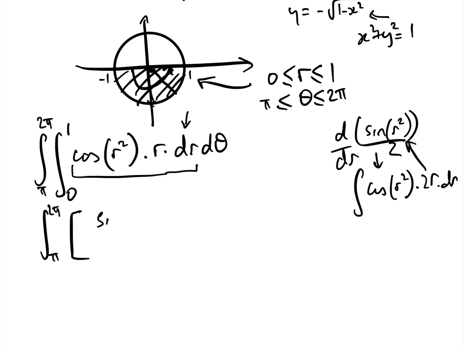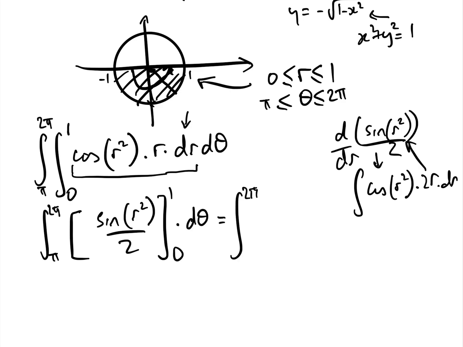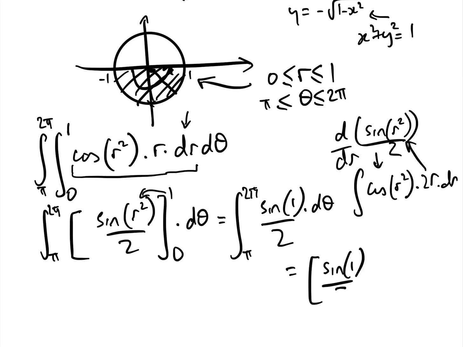We can integrate this r bit now, which is going to be sine of r squared over 2 between 1 and 0 d theta, which equals the integral between pi and 2 pi of the sine of 1, just putting r equals 1 into here, over 2 d theta, which equals the sine of 1 over 2 times theta between pi and 2 pi.